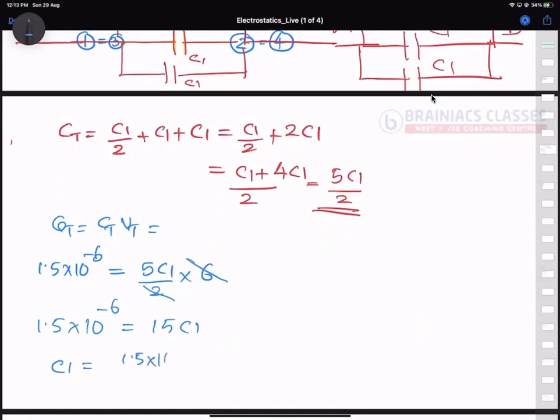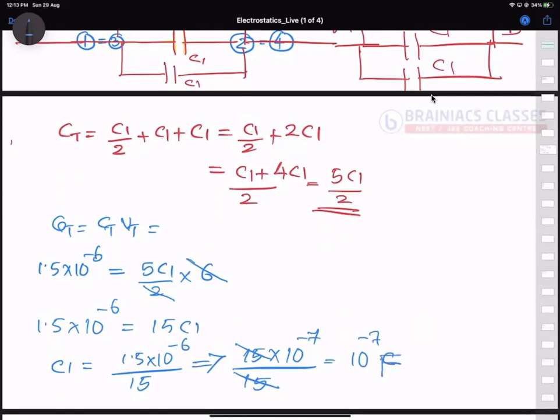1.5 into 10 power minus 6 whole divided by 15. In the numerator, I can write it as 15 into 10 power minus 7, divided by 15. So this will cancel. How much will we get? 10 power minus 7. Sorry, the unit is not coulombs, the unit of capacitance is farad.